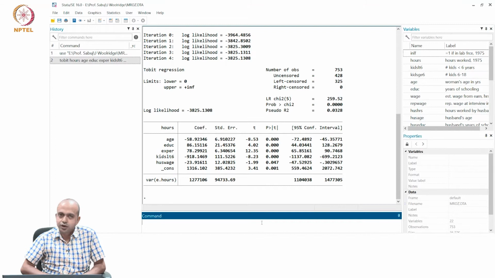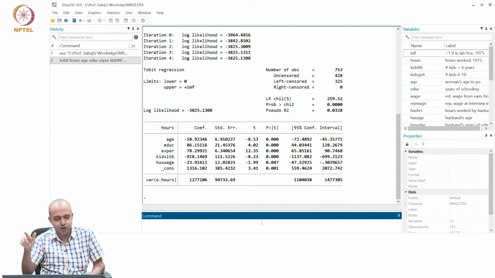Look at this. This is the output. Again, the estimation procedure, as we discussed in our previous class, requires formulating a likelihood function. And what is the likelihood function? If you recall, it is basically a product of two types of observations: one for yi star greater than 0 and another for yi star less than or equal to 0.